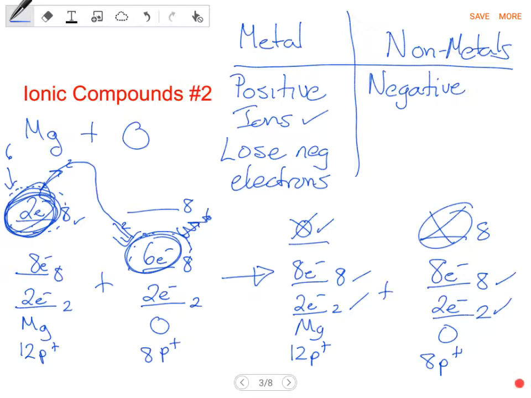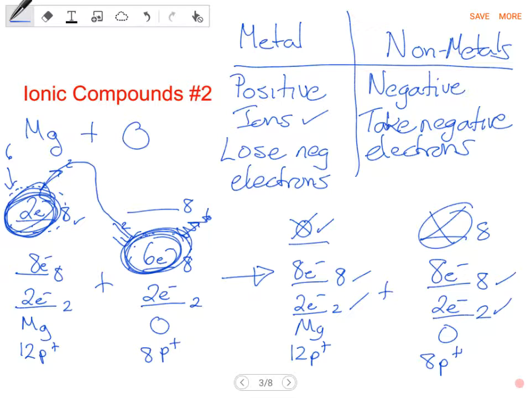Let's look at nonmetals. Now nonmetals, you'll notice in all of our examples, they're always taking electrons. They always take negative electrons. So if you take more things that are negative, you're going to become a negative charge. So we're kind of working on a process here. Okay, so hopefully you can understand where they were at.